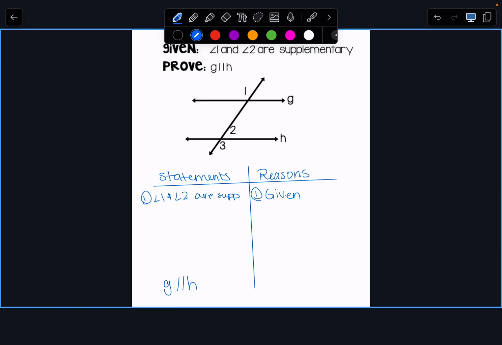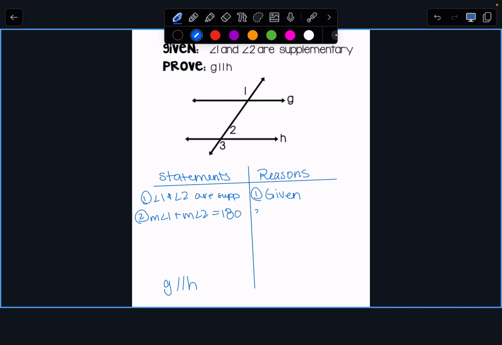Okay, so here's the deal. With our given, we can always do something with it. If angle 1 and angle 2 are supplementary, what can we write? Natalie's got it. Measure of angle 1 plus measure of angle 2 equals 180.